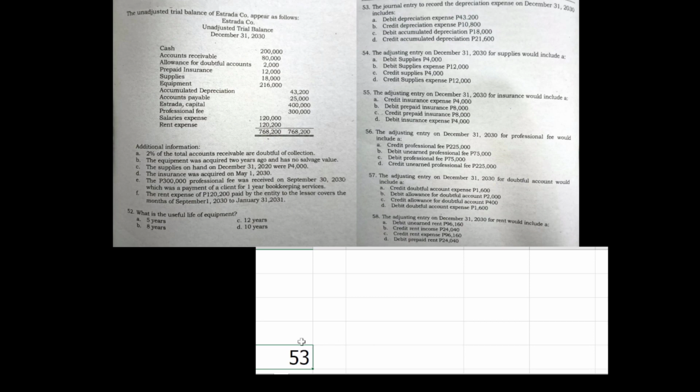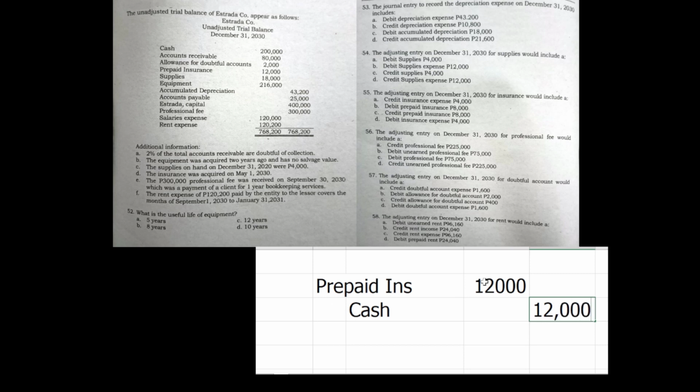So, yung magiging entry natin, entry na tayo for number 55. Since naka asset method tayo, kasi yung initial entry niyan, ganito. Prepaid insurance of 12,000 and then nag-credit tayo ng cash. Ito yung initial entry. Initial recording natin.